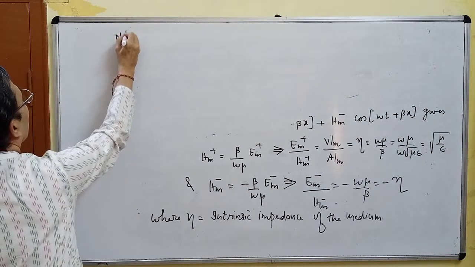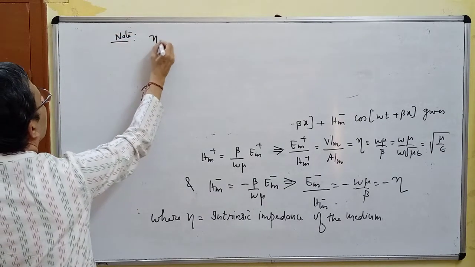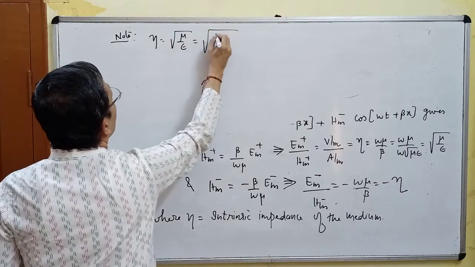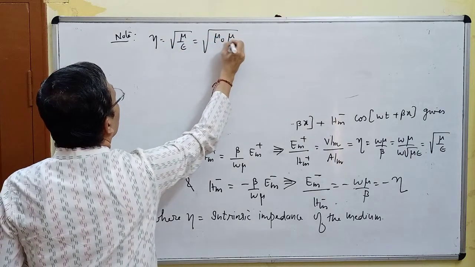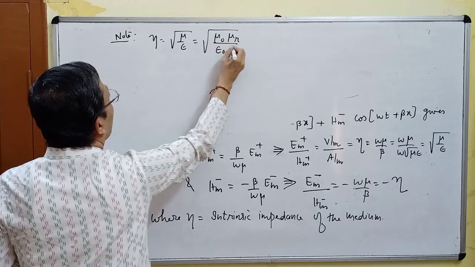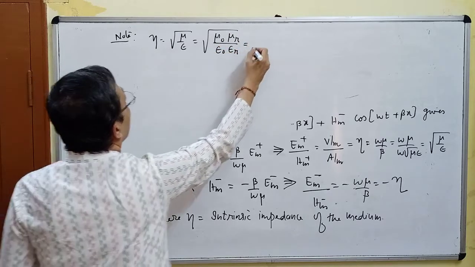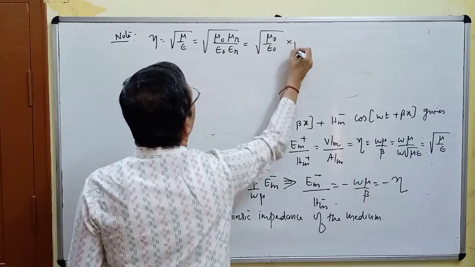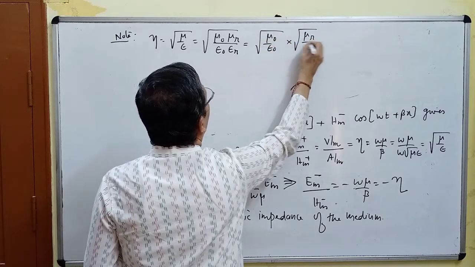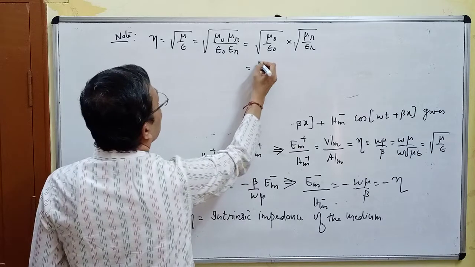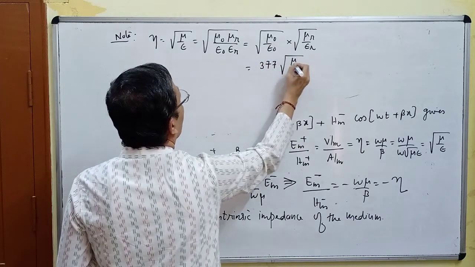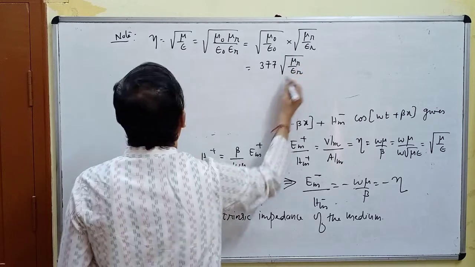Note, eta is equal to root of mu by epsilon. What is mu? Mu naught into mu r. What is epsilon? Epsilon naught into epsilon r. So eta equals root of mu naught by epsilon naught into root of mu r by epsilon r. Root of mu naught by epsilon naught is 377 into root of mu r by epsilon r.